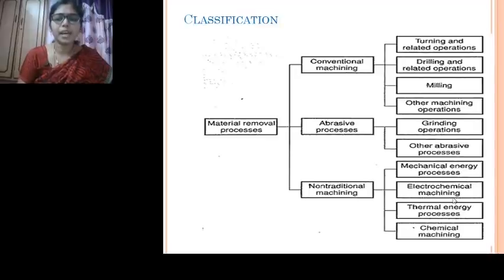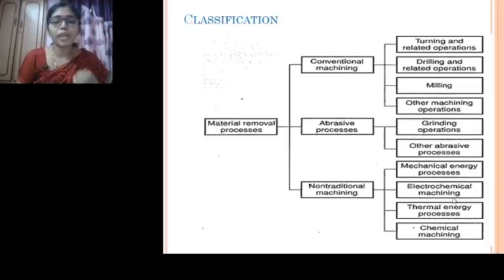So in non-traditional machining process, not only mechanical energy, we can also use other types of energy to remove the material from the surface. Here the tool which is used is softer when compared to the workpiece, right?